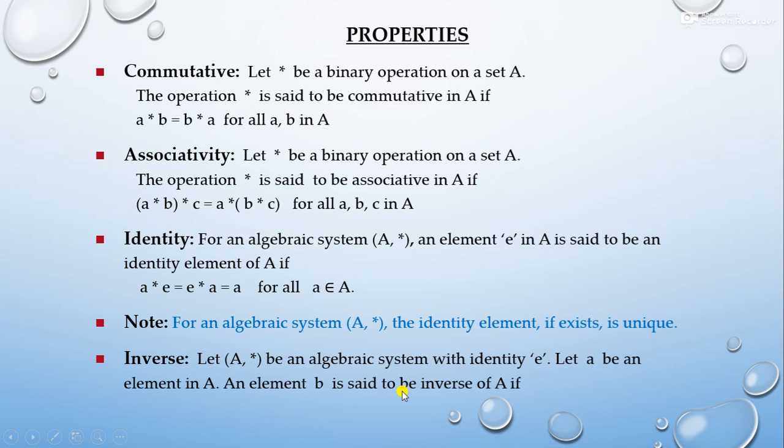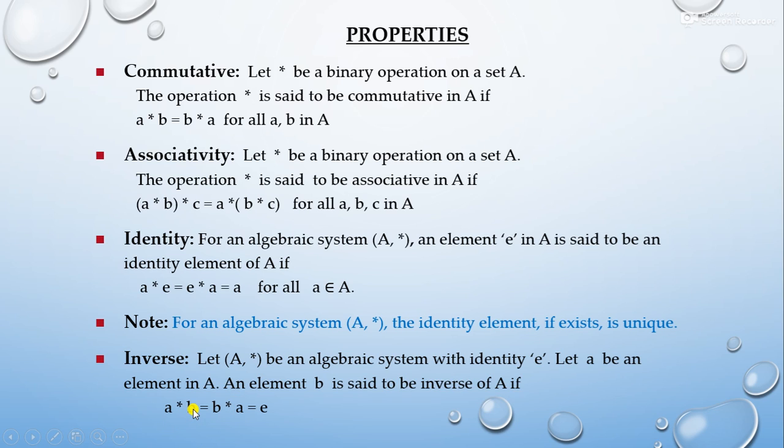Now the inverse. Suppose (A, star) is an algebraic system with identity e. Let a be an element in A. Then an element b is said to be the inverse of a if a star b is equal to b star a. Star represents the binary operation here, remember this.